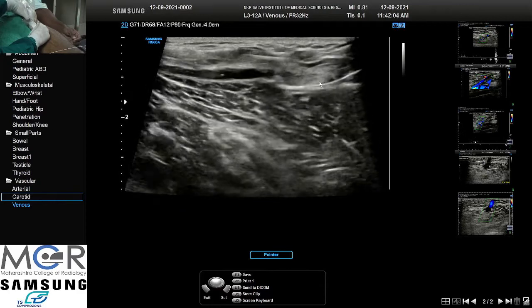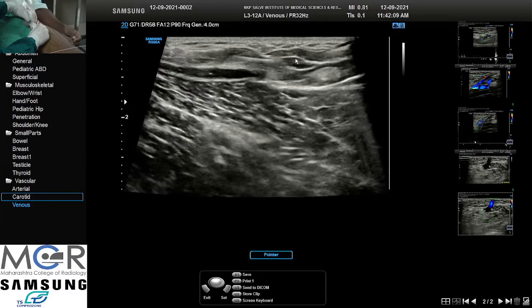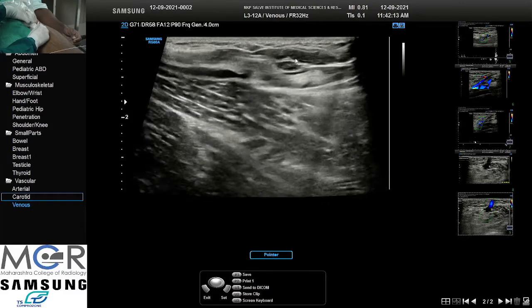So this is a pre-mixed solution. How is it prepared? 450 ml of normal saline.